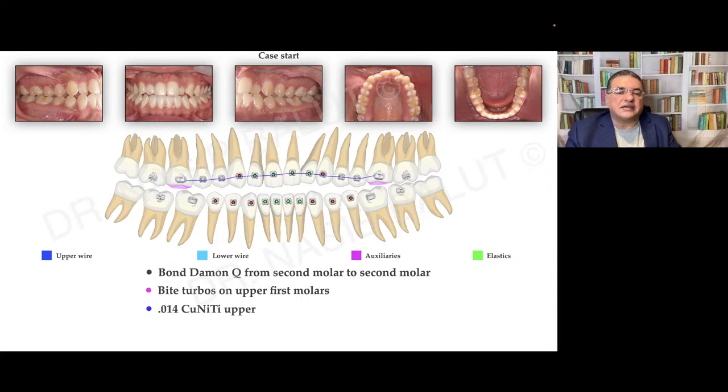I will start with an 014 copper nickel titanium from first molar to first molar. No, I don't place the 014 all the way to the second molars. This is just to avoid emergencies.